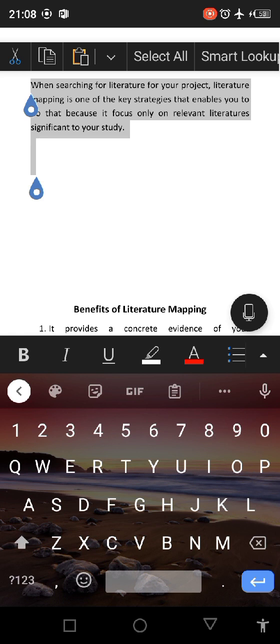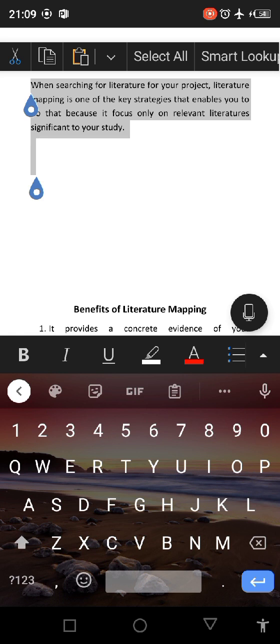And that's the reason why we say it is one of the key strategies that enables you to download the relevant literature for your projects, because it's only focused on relevant literatures that are significant to your study. It doesn't have business with you surfing the internet. It doesn't have business with you stuffing your mind with different kinds of information.